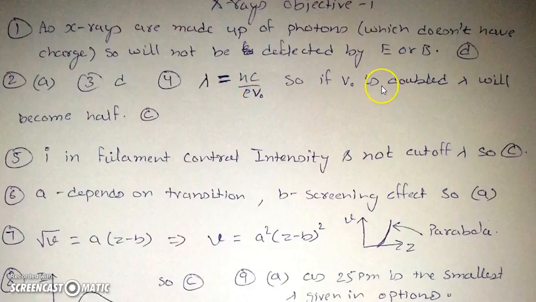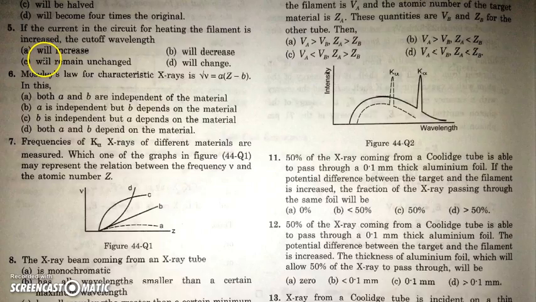V naught is doubled, so lambda will simply become half. It is not dependent on any other factor like distance or anything else. So by doubling the accelerating voltage, we'll have half of lambda min. Okay, so option C will be correct.